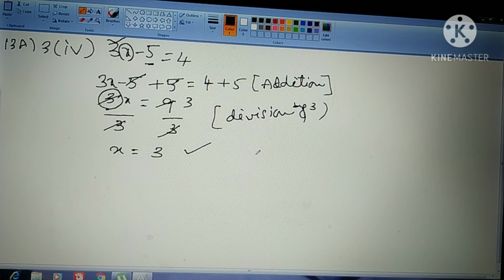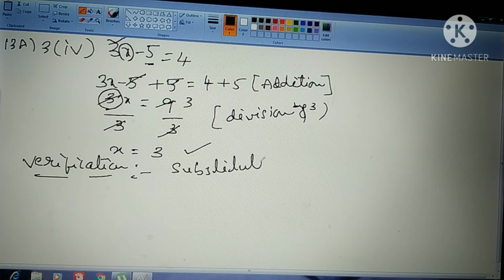Now verify this one by substituting the value of x. Verification. So substitute x equal to 3 in 3x minus 5 equal to 4.